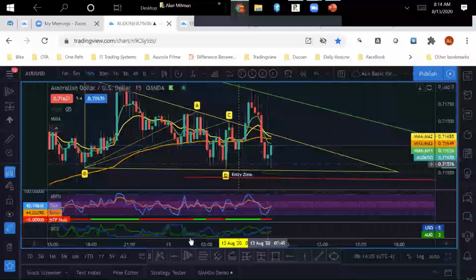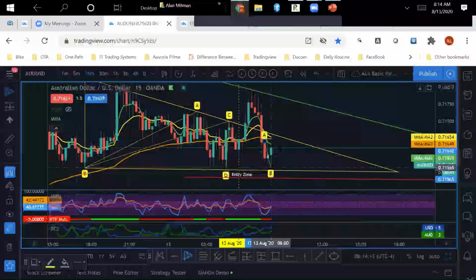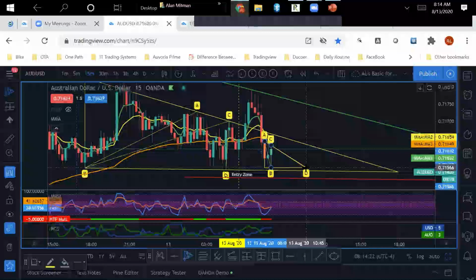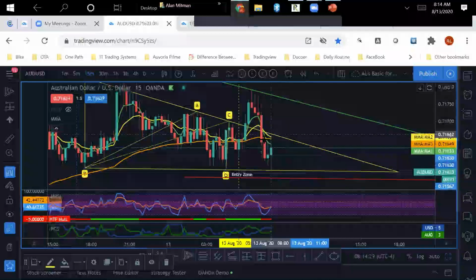It's coming back up, and you'll see that you have a little bit of a wedge from the top of this candle to this candle. Flatten it out. We can actually take this thing up a little bit higher if you can.